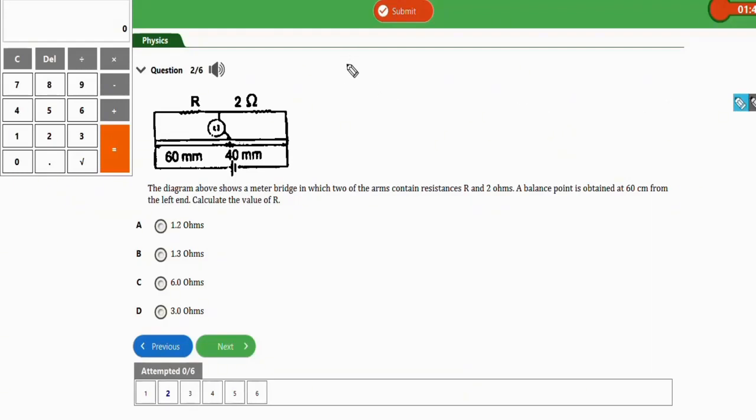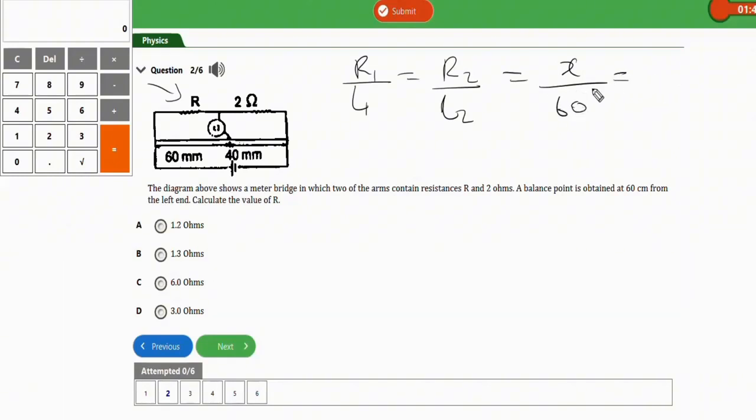The formula we are going to apply will be R1 over L1 equals R2 over L2. So we are looking for the R1, the one here. It's unknown. Let's call it X over our L1 is 60, the first length, the one at the left. Then the second R is 2 over the second L is 40.